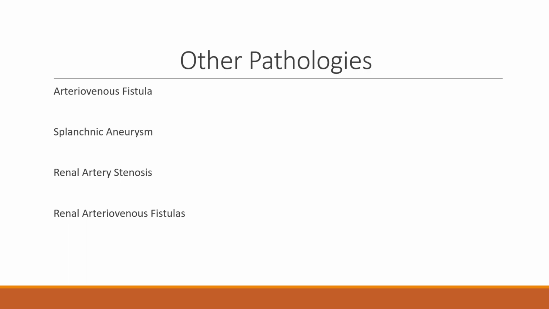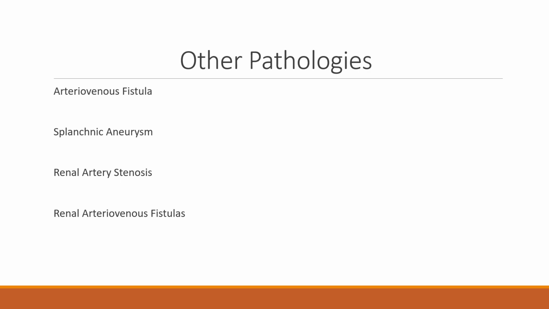If you'll recall from our lecture on the cardiovascular cycle, we go from aorta to arteries to arterioles to the capillary bed, then venules, veins, IVC and SVC, and back to the heart. When we see an artery abnormally attached to a vein without the benefit of the capillary bed, you get an arteriovenous fistula. Okay.